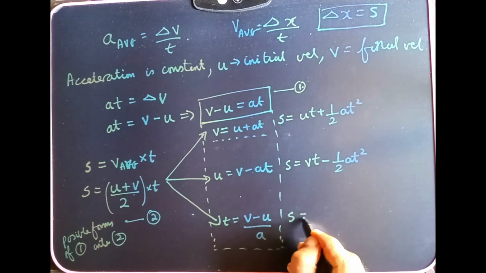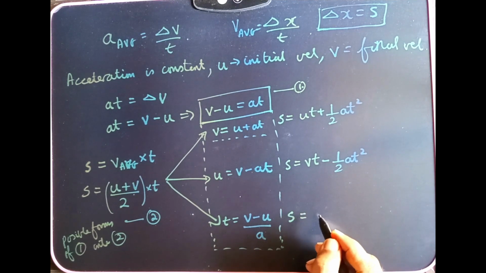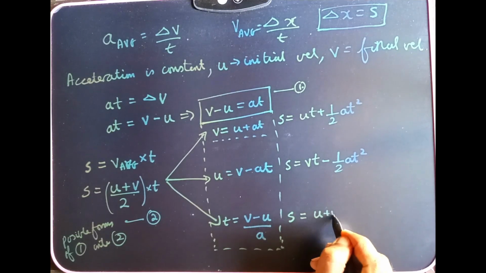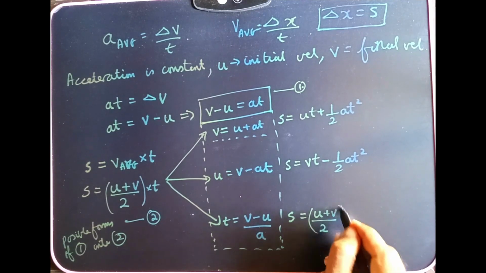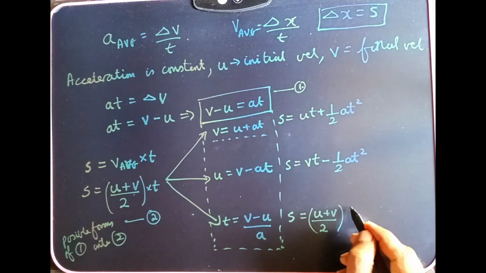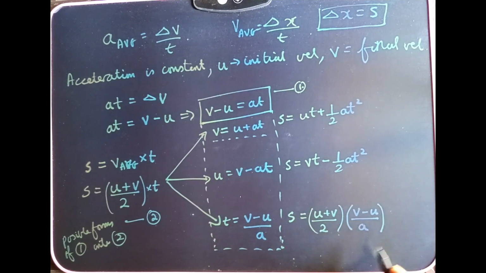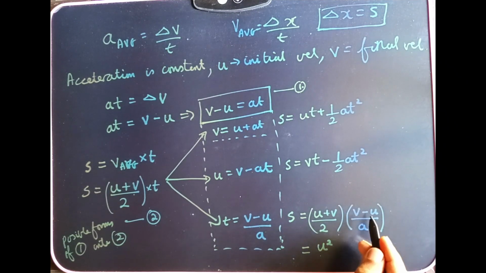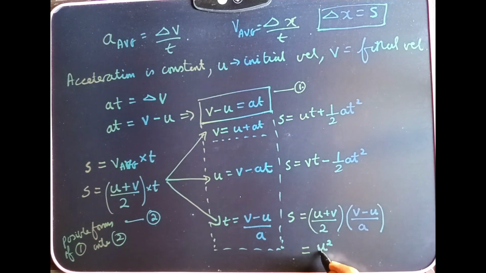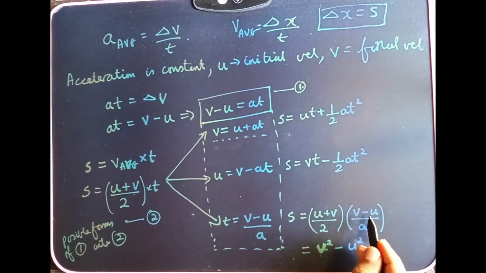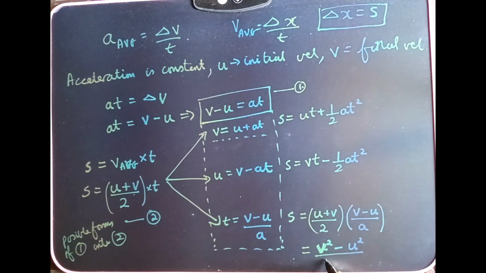You'll get displacement is equal to u plus v divided by 2, and time I put here, v minus u divided by a. So this will give me v square, v will be positive and u will be negative, minus u square, and the other uv and uv will get cancelled, divided by 2a.